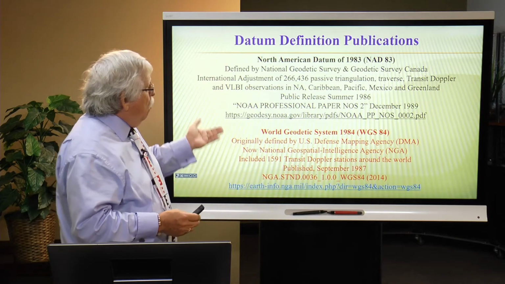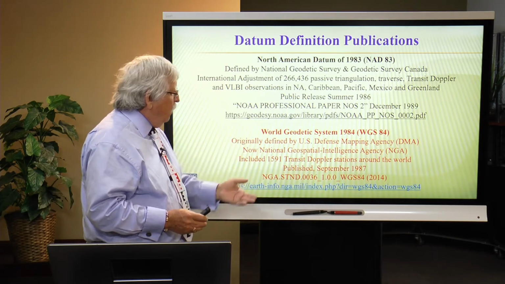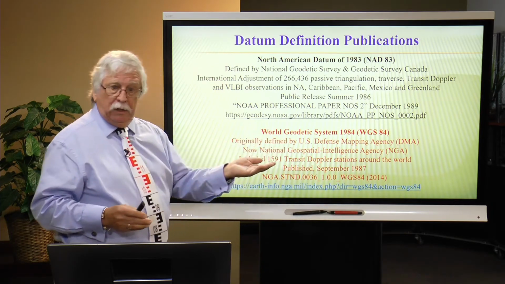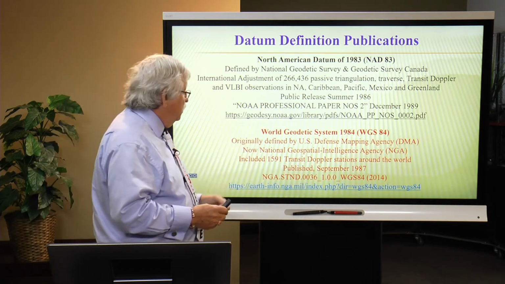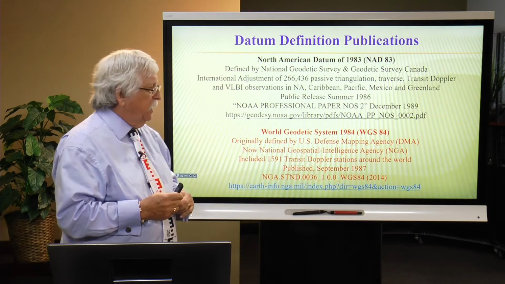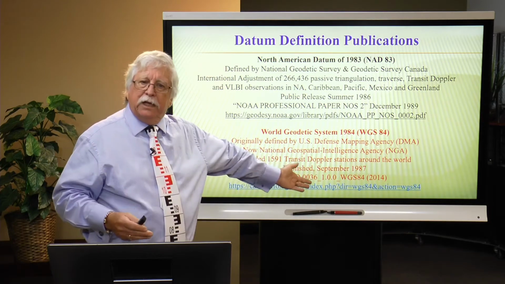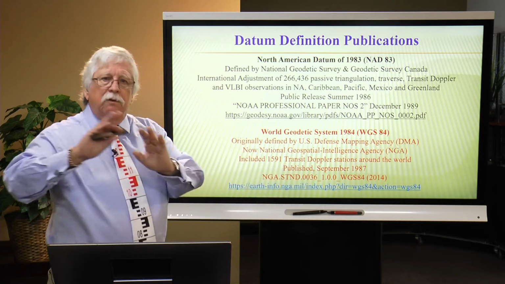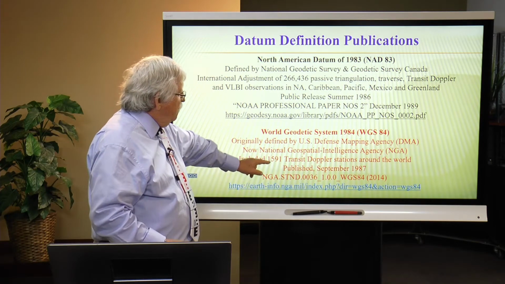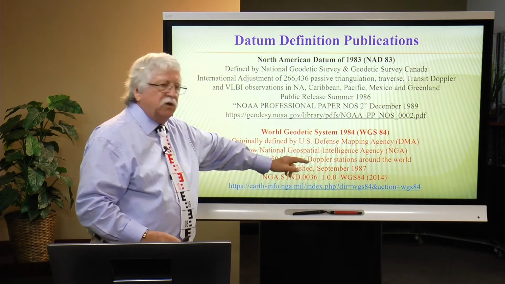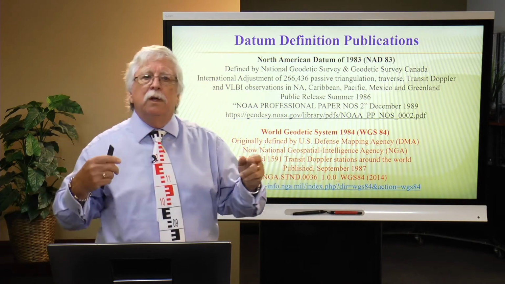Again, as best we could determine, that was circa the mid-1980s. World Geodetic System 1984 was done internally by the U.S. Defense Department, the U.S. Defense Mapping Agency, now the National Geospatial Intelligence Agency. I've already showed you the publication. They used no triangulation and no VLBI, but they did use almost 1,600 Transit Doppler stations around the world to help define it.